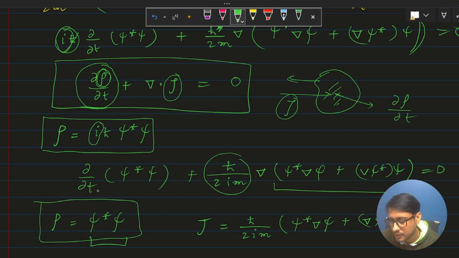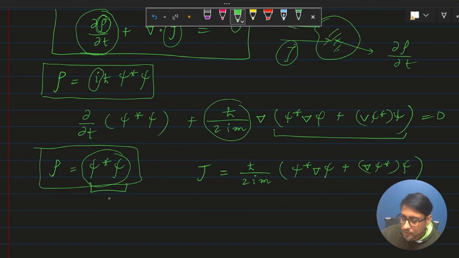It is giving you some real value, okay, and that real value is psi asterisk psi, and this can be used to get some explanation of the experiments we do in the quantum world, okay. So now we will be writing this continuity equation one more time, okay.